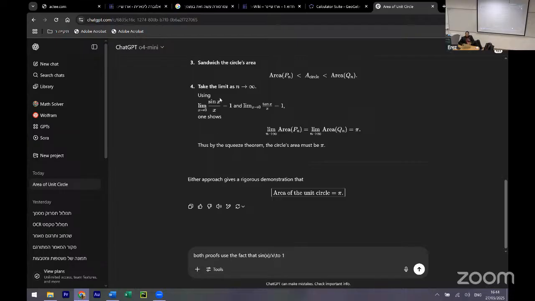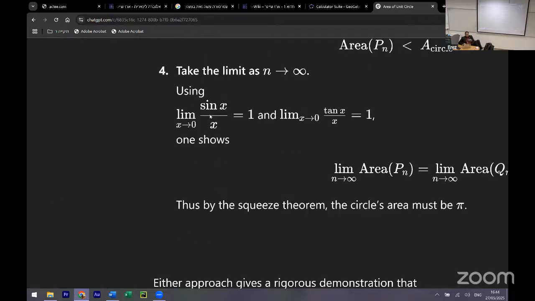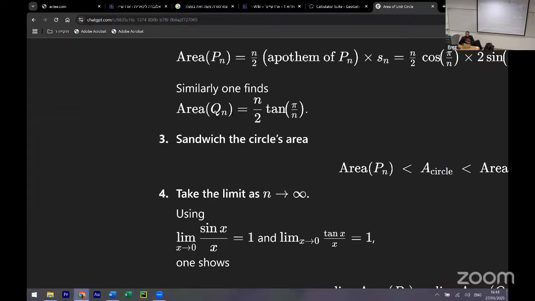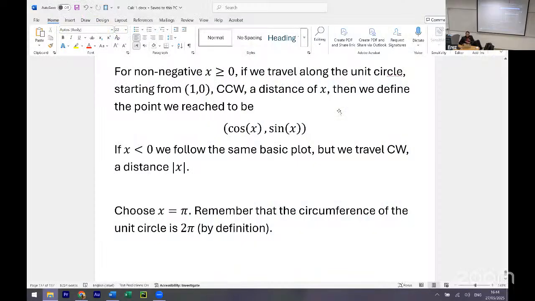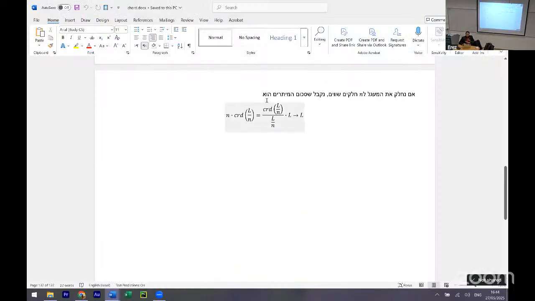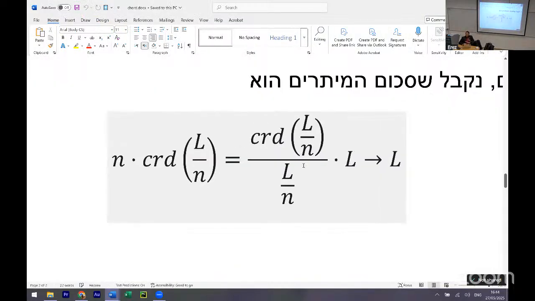We will prove that ourselves. Here it's done explicitly. He says, I'm using the fact that sine of x over x goes to 1. And by the way, I wrote it here. I probably won't talk about it anymore, but all these proofs use that.